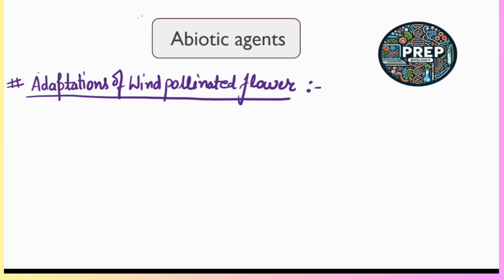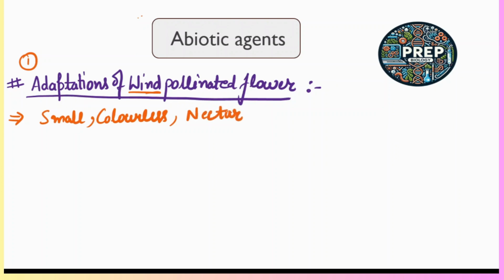Let's discuss now the adaptations of a wind pollinated flower first. There are different features of the flower which transfer their pollens with the help of wind. The first feature is that the flowers are small, colorless, nectarless.